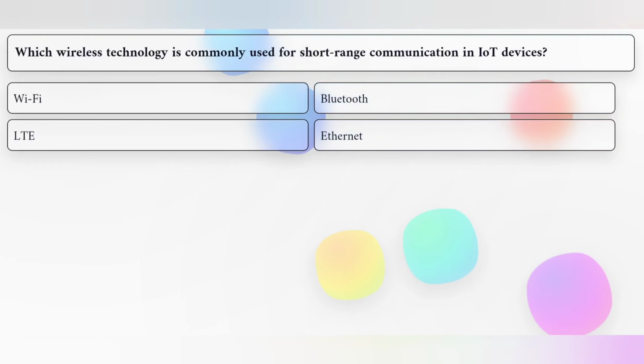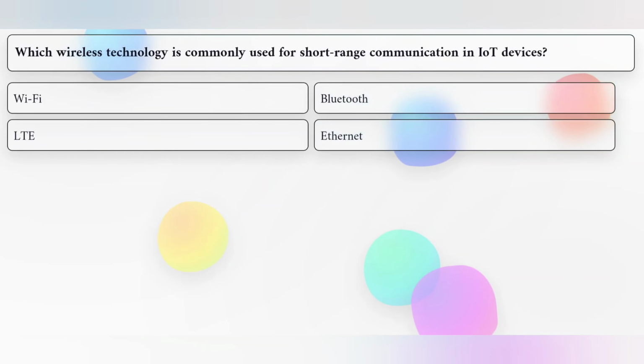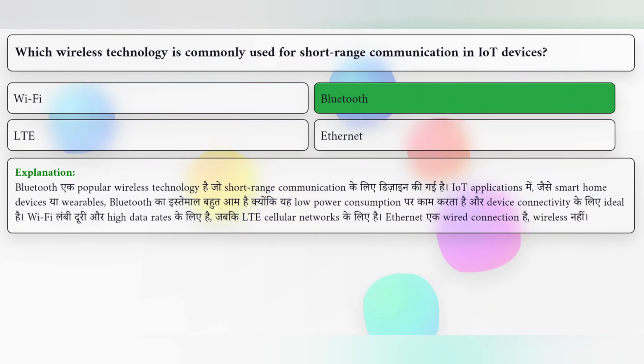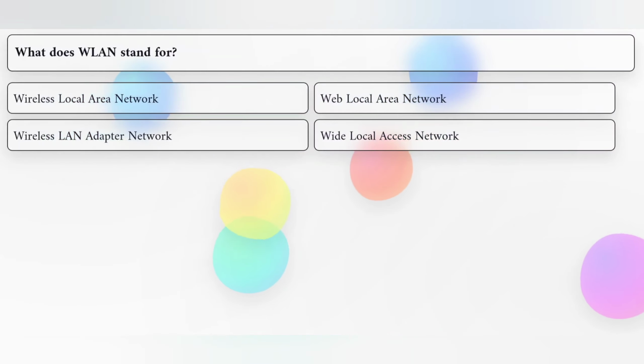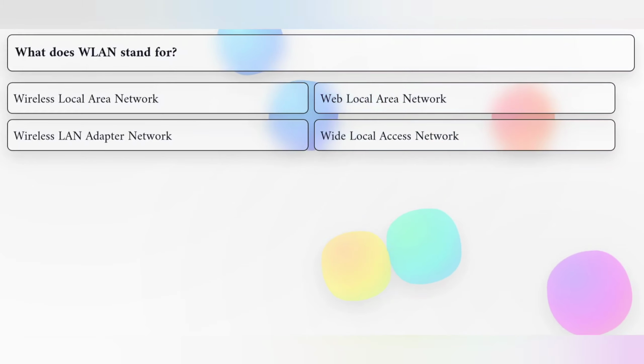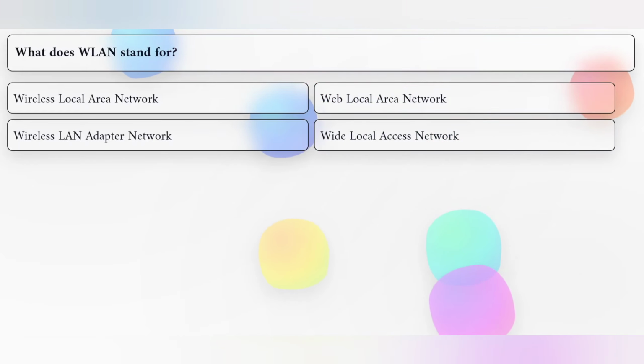Wi-Fi, Bluetooth, LTE, Ethernet. What does WLAN stand for? Wireless Local Area Network, Web Local Area Network, Wireless LAN Adapter Network, Wide Local Access Network.